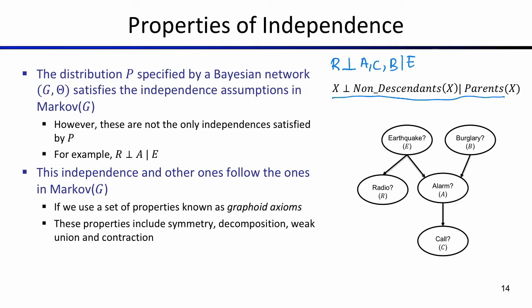But that is not the only independence assumption. There are more. For instance, we have this independence assumption here that's pretty similar to the Markovian assumption, but a little simpler. It's just saying that r is independent of a given e. So it's saying that this variable r is independent of a given its parent.